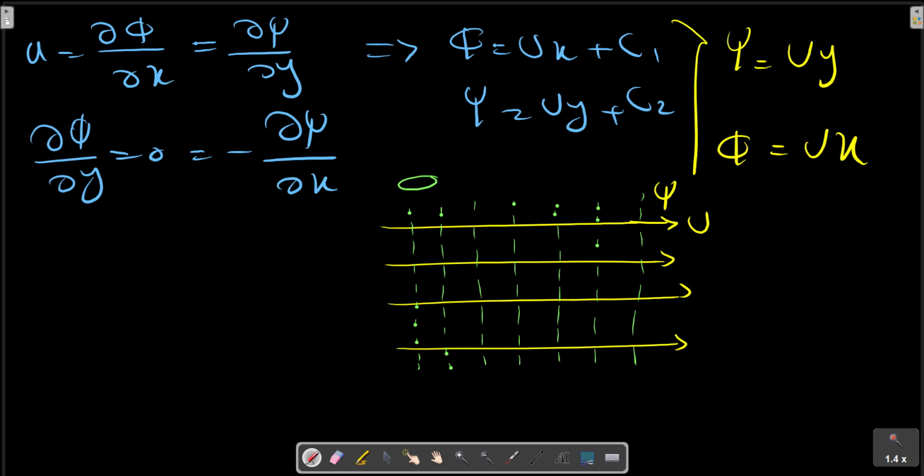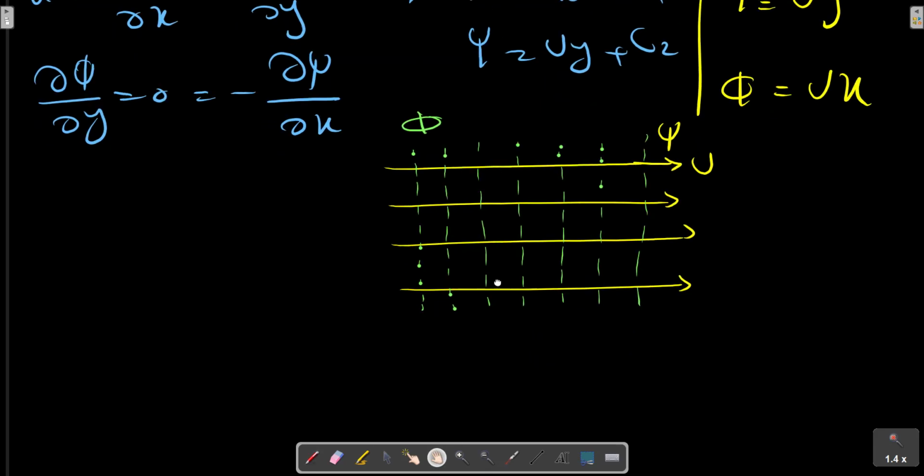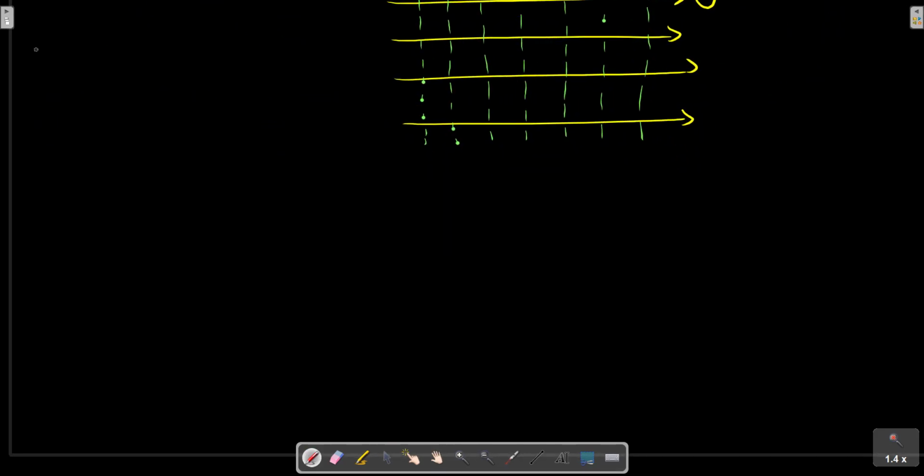Phi and psi are perpendicular to each other. The next typical problem was the line source or sink at the origin.